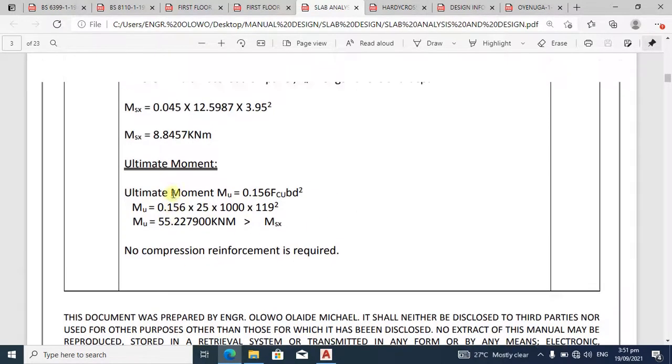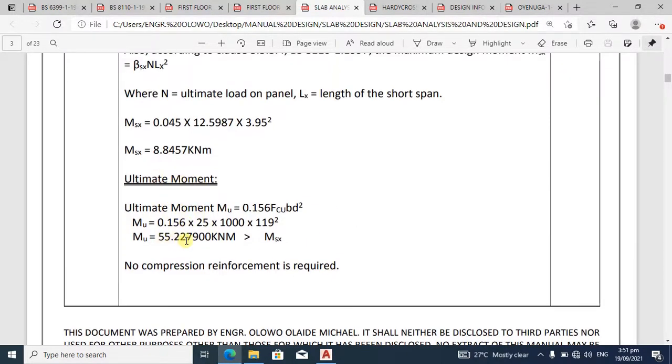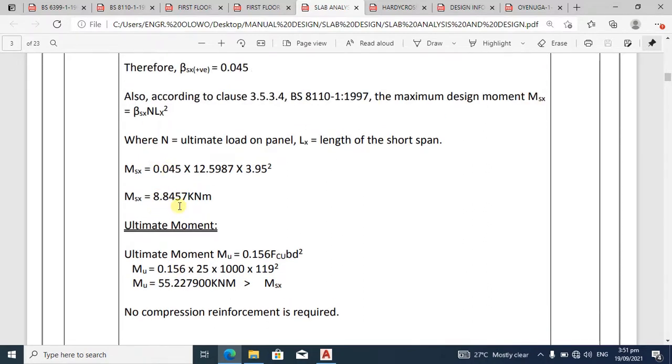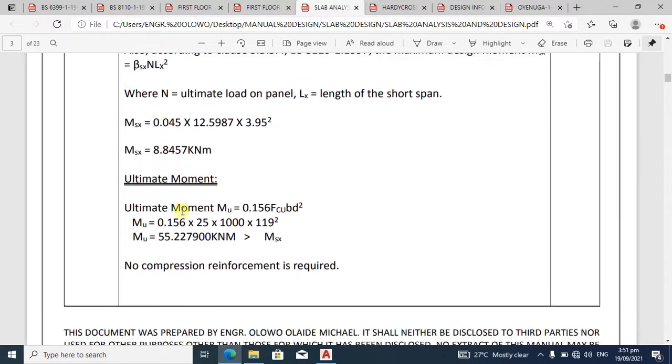Then the next thing is to compare the value of our ultimate moment with that of the design moment and check which one is greater. If the ultimate moment is greater than the design moment, then no compression reinforcement is required. What is compression reinforcement? Compression reinforcement is an additional reinforcement provided around the compression zone of a structural member.